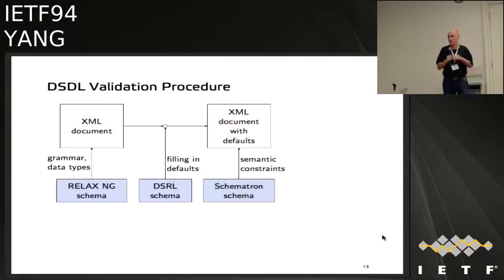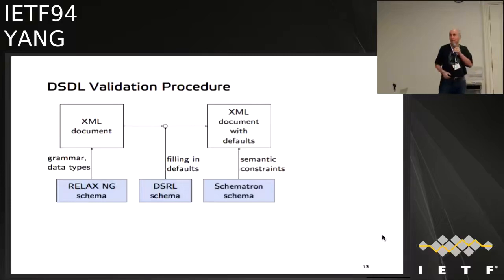This exactly follows the procedure of how an instance document is supposed to be validated against a YANG data model. In this case, we first have to check the structure, the schema itself, the grammar of the document, and data types. And this is what the RelaxNG schema does really well.